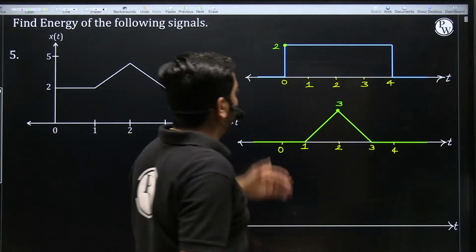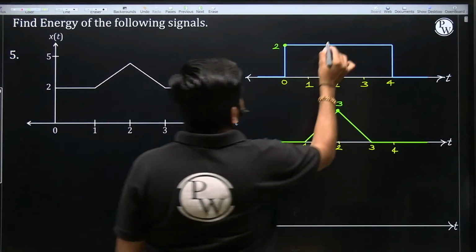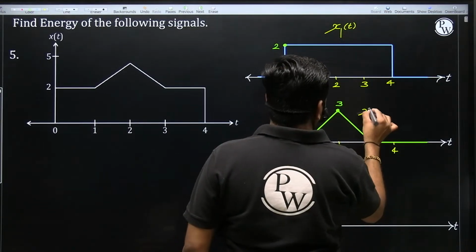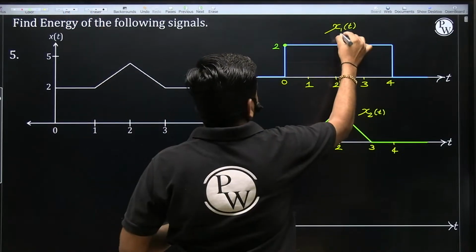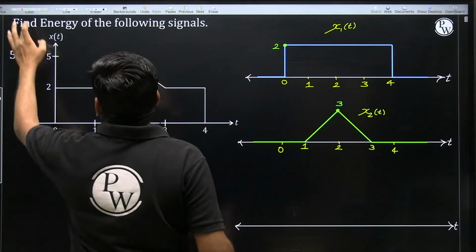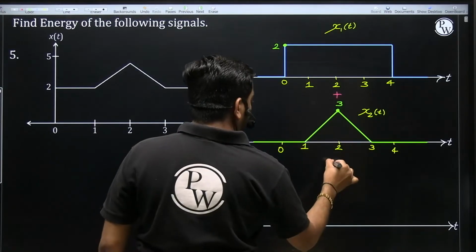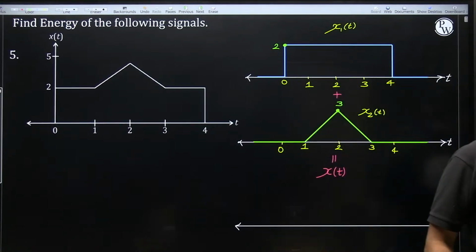Now you can see, this is x1 of t and this is x2 of t. Can we say that if you add these two signals, x1 plus x2, you will get x of t? First, all of you confirm this.